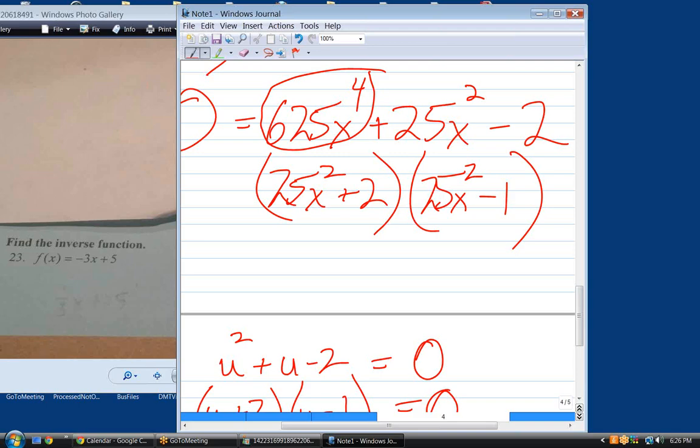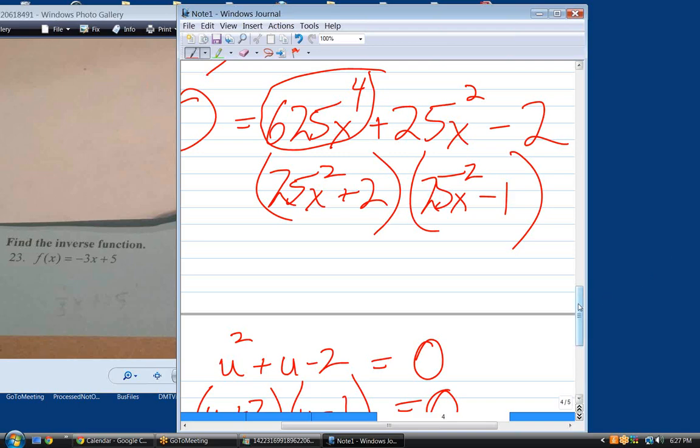Factoring quartics and cubics is a whole other ballgame, unless the quartic is actually a quadratic in disguise. And that's what this is. It's just difficult to see. But just know this, that if they're giving you something that has an x to the 4th in it, it's going to be a quadratic in disguise.